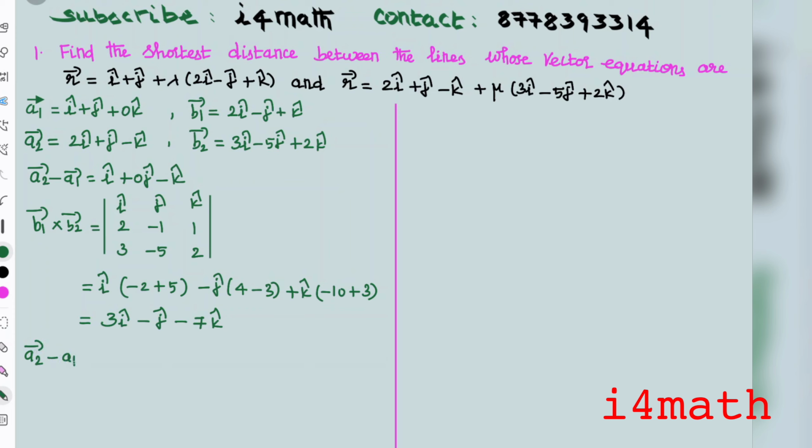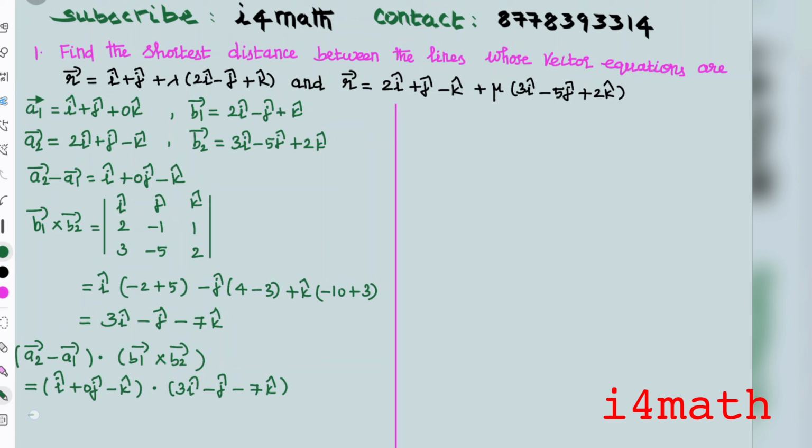Next, a2 vector minus a1 vector dot b1 vector cross b2 vector. Now let's find the scalar product between these two vectors. It's merely a scalar product. Now let's write the value of a2 vector minus a1 vector, that is i cap plus 0 j cap minus k cap, dot b1 vector cross b2 vector, which we already calculated as 3 i cap minus j cap minus 7 k cap.